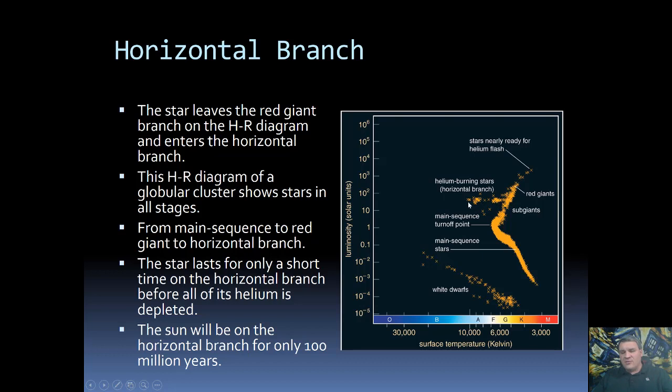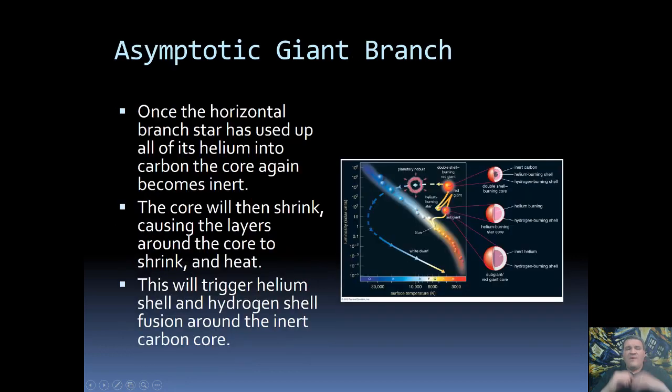In a horizontal branch star, we have ongoing helium fusion in the core and a shell of hydrogen fusion surrounding that core. A star like the Sun will remain on the horizontal branch for about 100 million years. Now, eventually, these stars are going to convert all of their helium into mostly carbon and a little bit of oxygen.